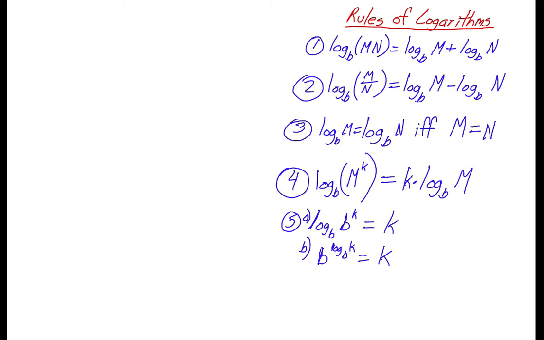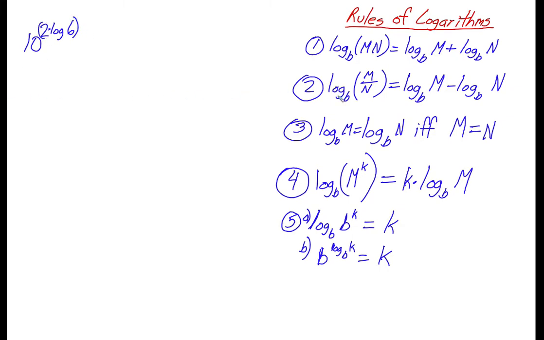What this means then, if I see something like 10 to the 2 times the log of 6, this is not 6 because of this 2 out front, if this whole thing's up in the exponent.